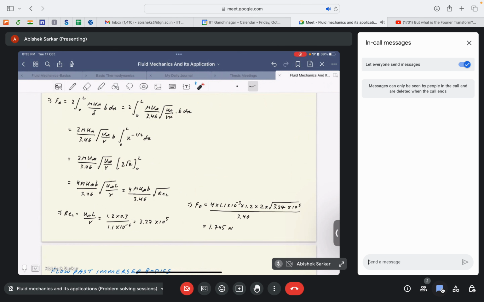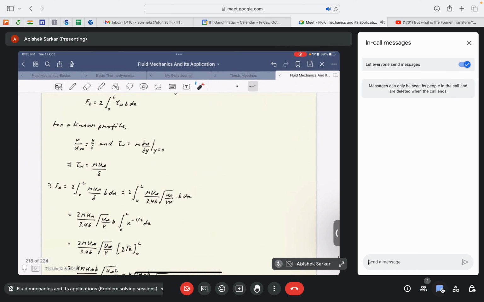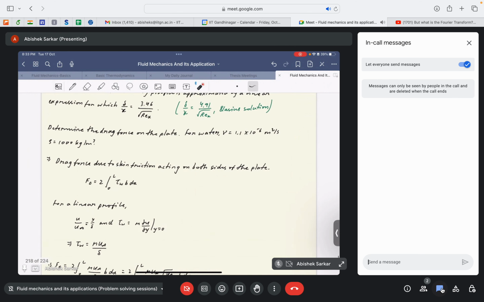Then we evaluate the Reynolds number REL, which is quite simple because L is given. So we get the drag force at x is equal to L as 1.745 Newton. As an exercise, you can evaluate the same thing by considering this profile for the boundary layer thickness.